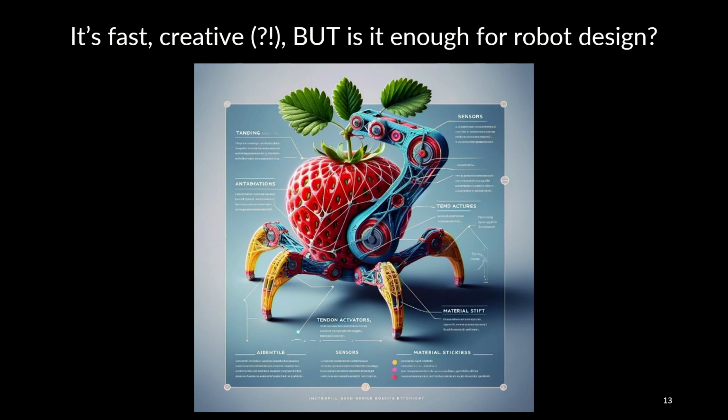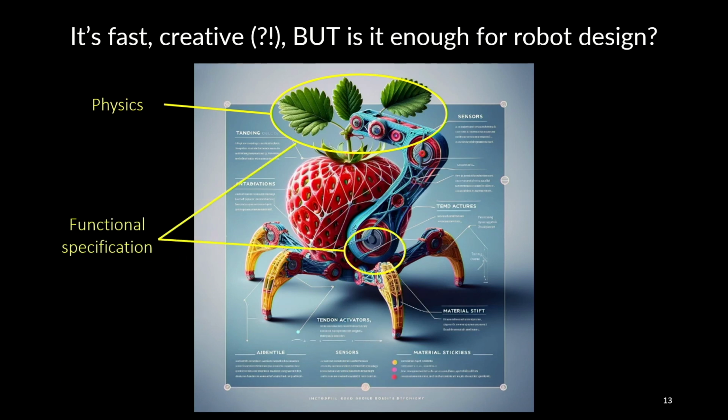So this is cool, but is it actually useful for robot design? First, we notice on the top of the robot, it sort of defies physics. If you look at the stem over there, the thin and brittle structure for sure cannot hold the mechanical structure of the robot arms.